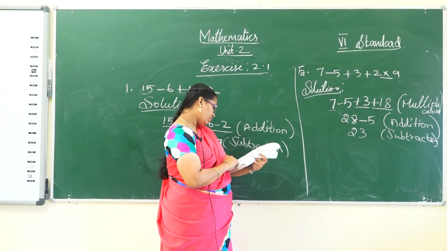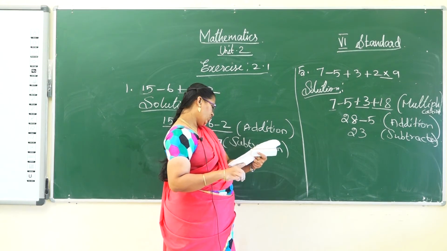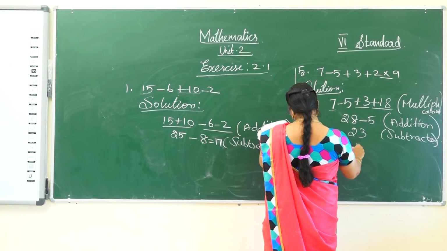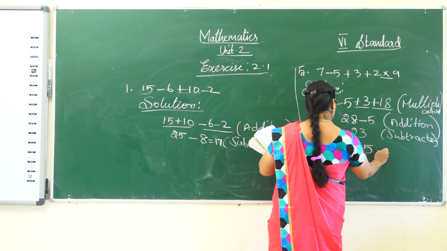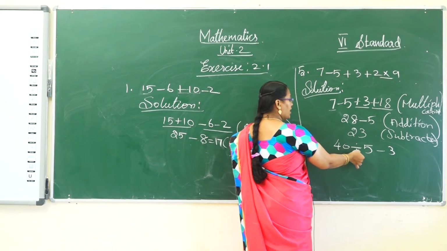The sixth one is homework. Seventh one: 40 divided by 5 minus 3. Here two operations are given, division and subtraction.